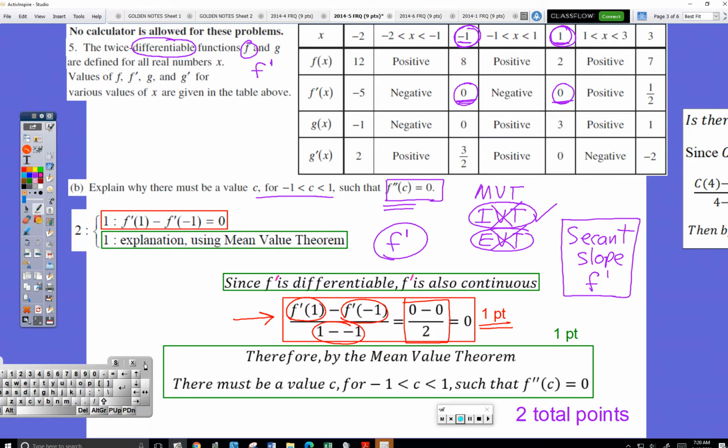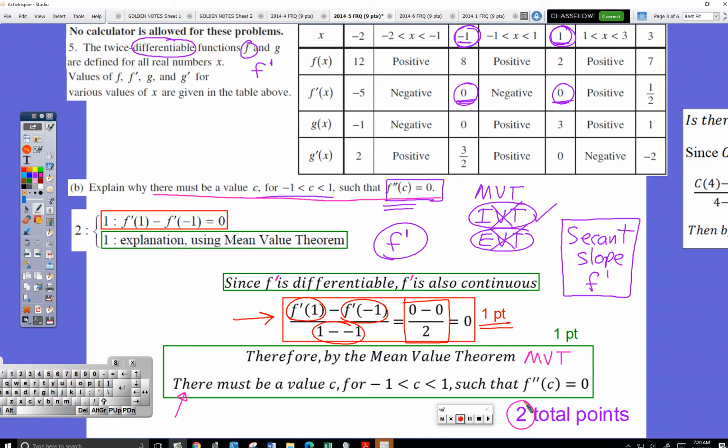Therefore, by the mean value theorem, you can abbreviate if you want, MVT, and now you just copy their words right here. There must be a value C such that f double prime is equal to 0. Just copy that statement. If you have the green boxes, you get a second point for 2 total points.